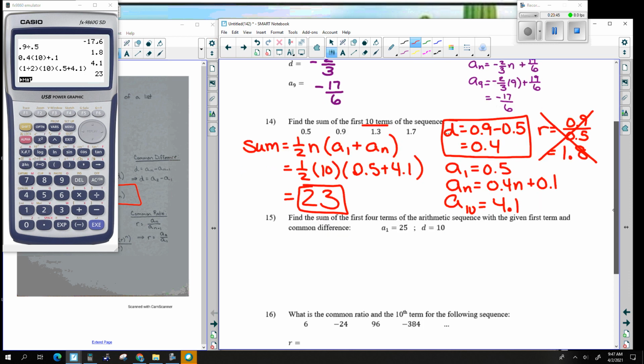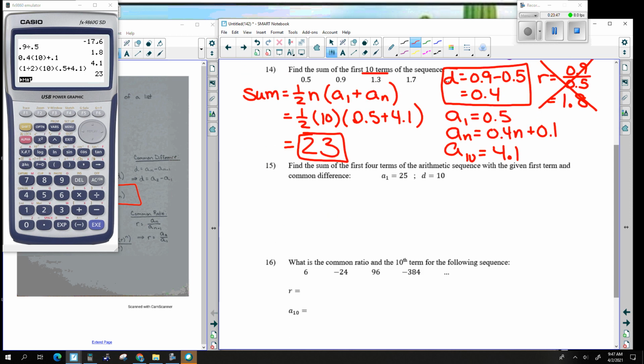All right. Getting closer, getting closer, getting closer. Arithmetic, okay, they straight up tell us sum of the first 4 terms. All right, so what you could do technically in this one, because the set is so small, is see that the difference is 10. So this is going to be 35, 45, 55, and you can literally just add that stuff up.